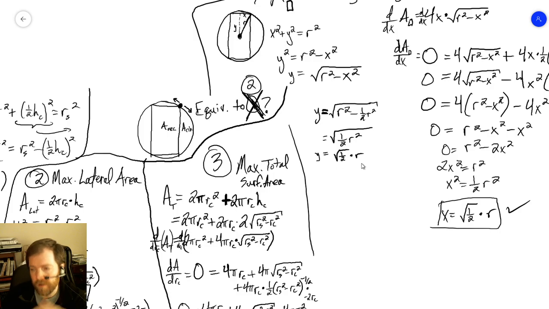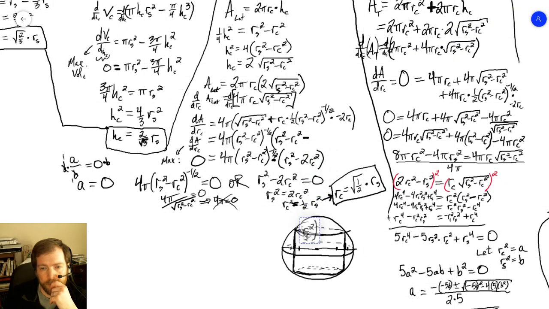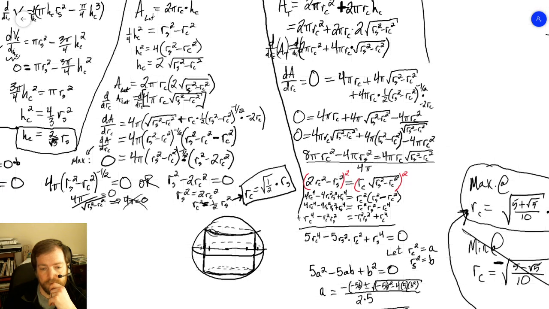Alright, square root of 1/2 times r. Yep. Again, over here, twice square root r squared minus r sub c squared was all this stuff. Here, 1/2 r sub s squared.